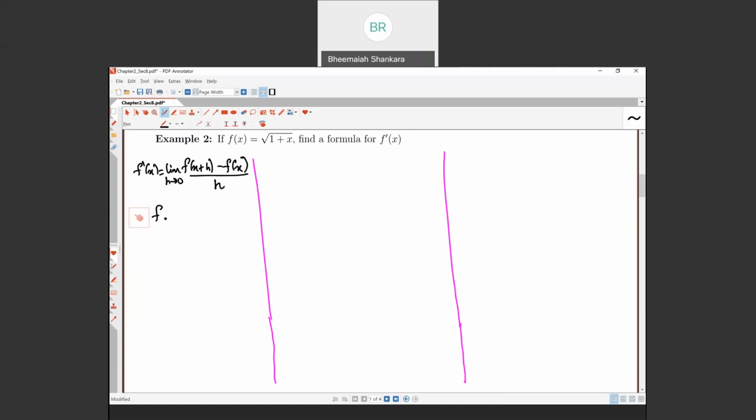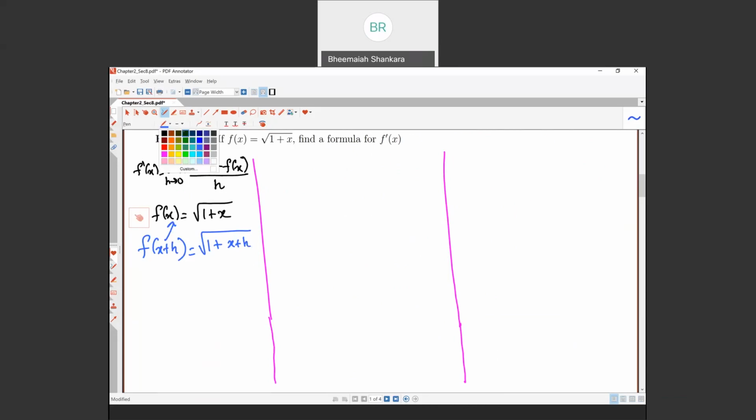Now you want to list f of x, which is the given function, square root of 1 plus x. The next line you want to bring down f of x plus h. So x is replaced by x plus h and the new function looks like this, square root of 1 plus x plus h.